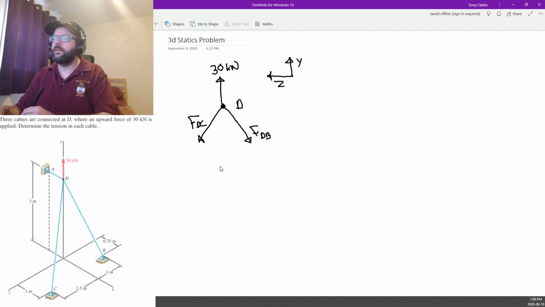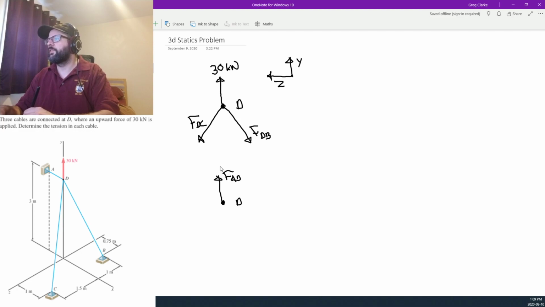Looking at it top down, if we start at D, we've got this cable from A to D. And looking at it top down, we still have FDC and FDB.